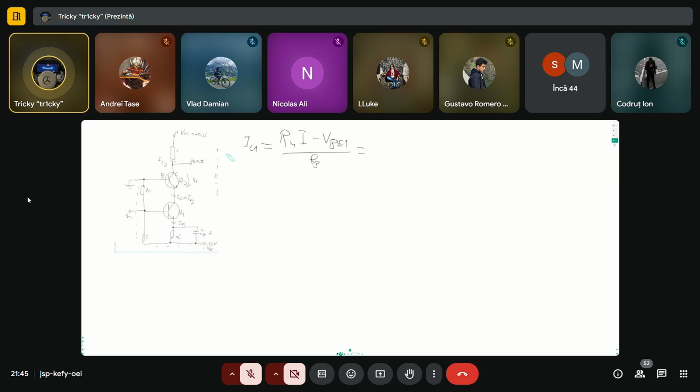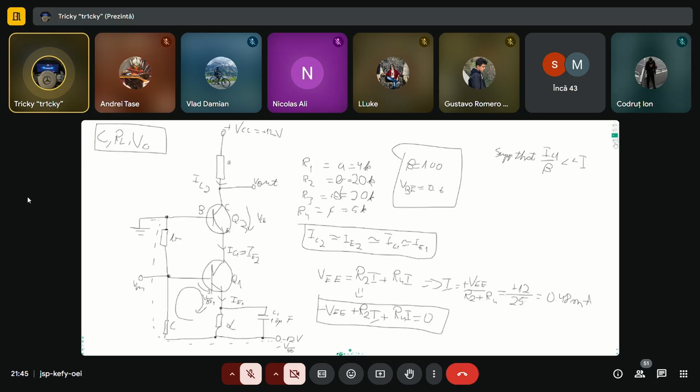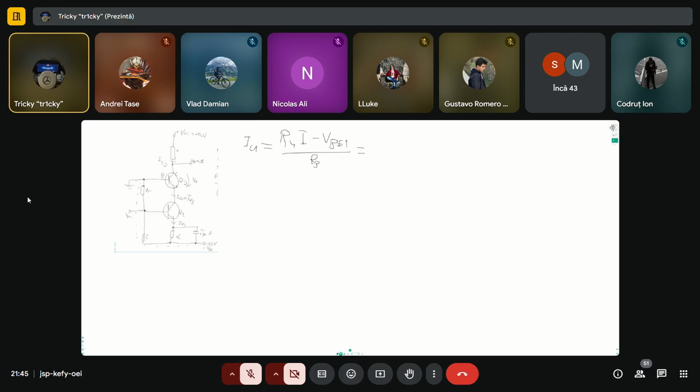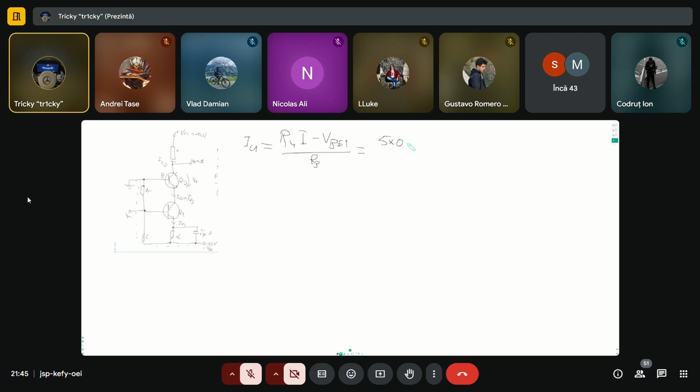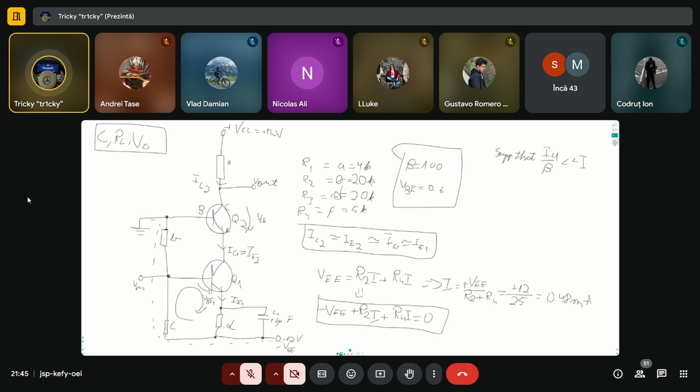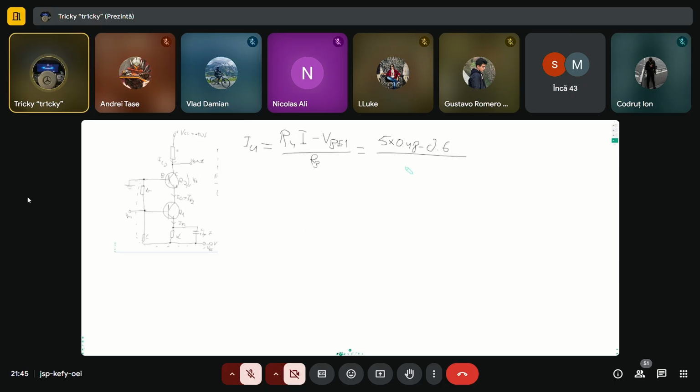And this is going to be equal to, I do not remember the values. R4 is 5 and R3 is 20. So 5 times, oh, we need the current also. The current is 0.48 minus 0.6 divided by R3, which was 20.